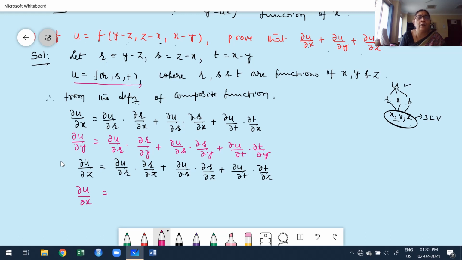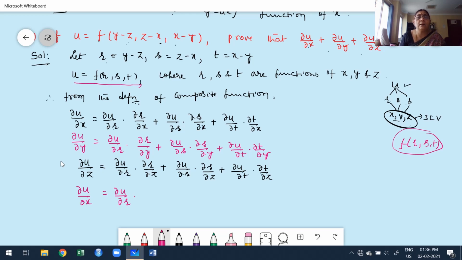Can't write any known value here because F is unknown. F is a function of R, S, T they gave. You can't write any definite value here. Therefore, I leave ∂U/∂R as itself because you can't write any definite value in terms of R.